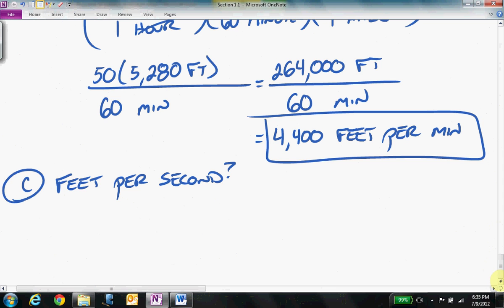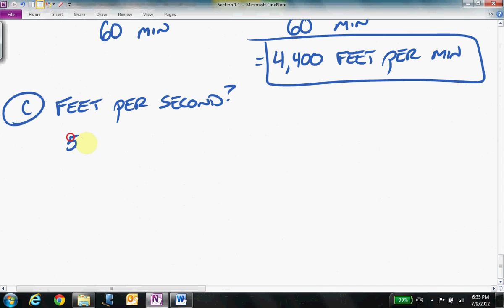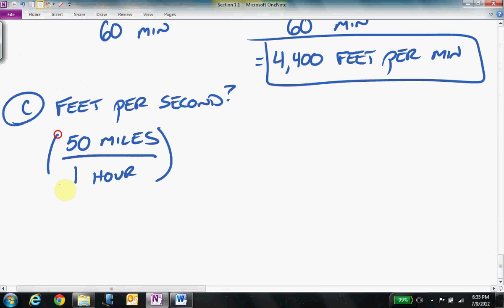All right, so we're going to basically start this problem the same way we did before, and we're going to start with our only unit given, which is 50 miles per 1 hour. And we're going to have to convert these hours into seconds. So we know 1 hour is the same thing as 60 minutes.